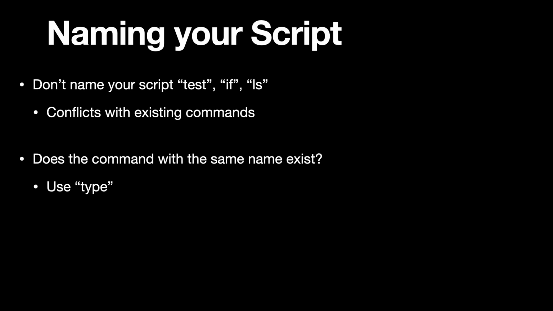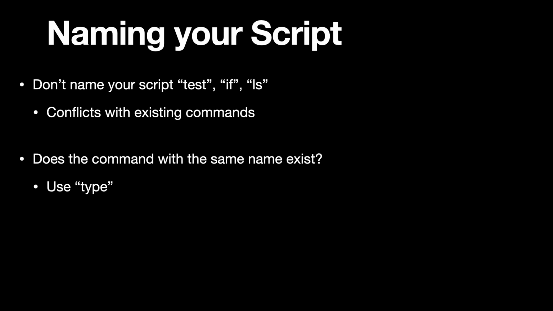So if you call your script something like test or if, you can only run it by giving bash the full path to it. The same problem occurs when you pick a name that's already taken by another executable on your path, like for example ls. In that case, when you type ls, bash will first find the system-wide ls on the path, and so it will not run your script.